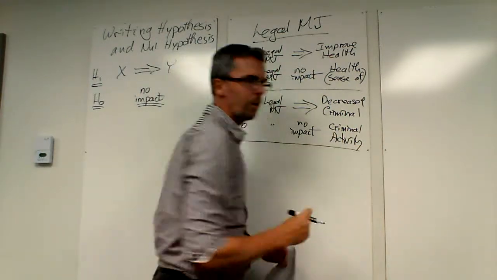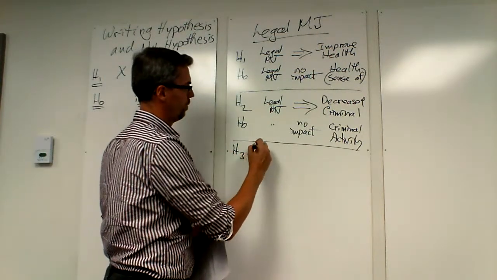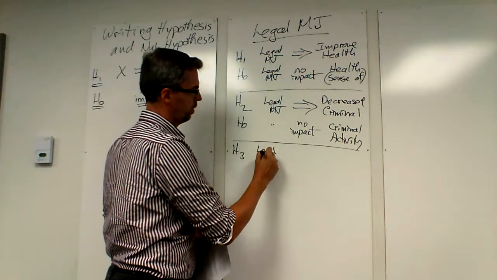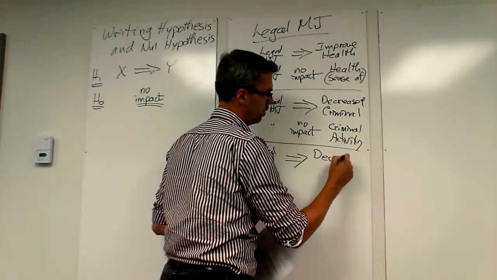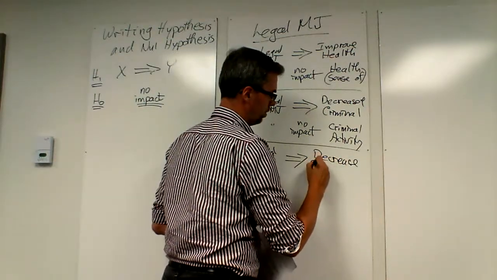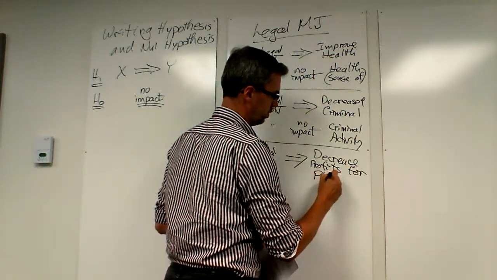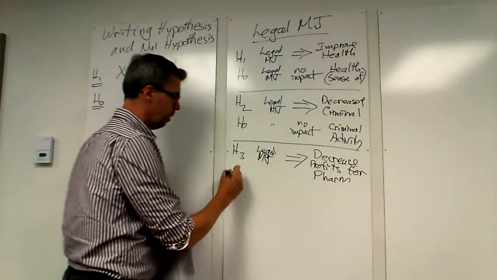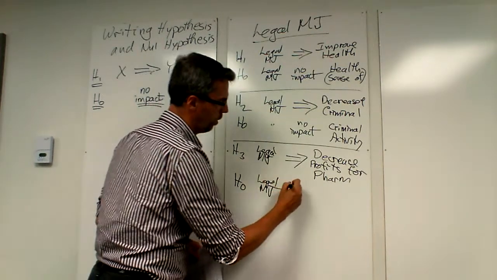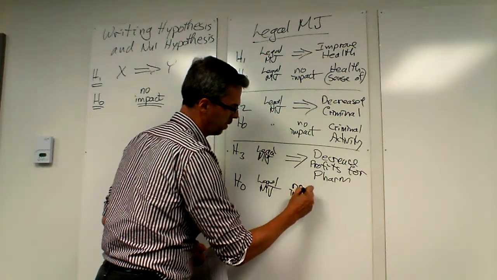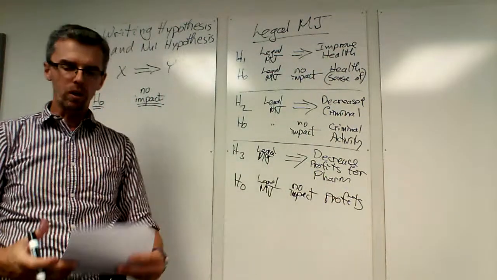And this research paper actually has a third hypothesis, H3: legalizing marijuana will decrease profits for pharmaceuticals. And the null hypothesis on this, of course, is that legalizing marijuana will have no impact on profits. Okay, so that should help you understand that.